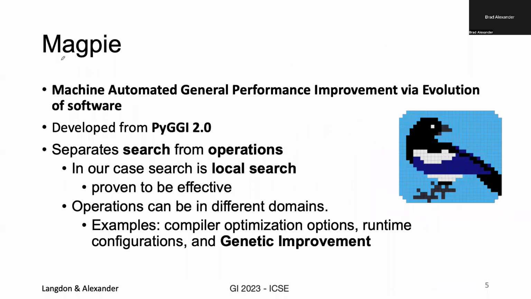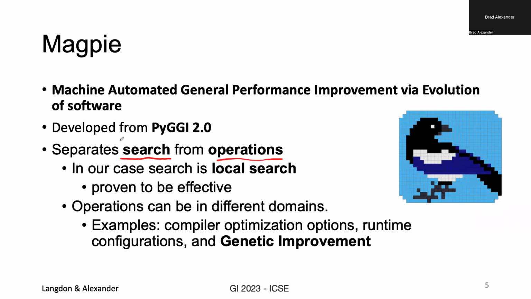So a little bit about Magpie. Here is the meaning of the acronym: Machine Automated General Performance Improvement via Evolution of Software. It was developed from PyGGI 2, and it separates the search framework from operations.